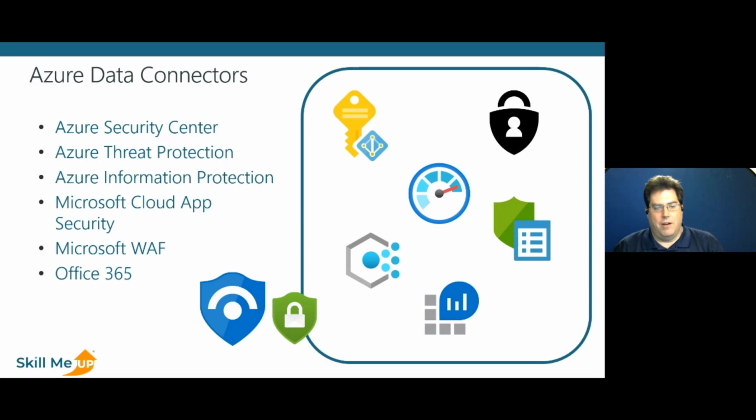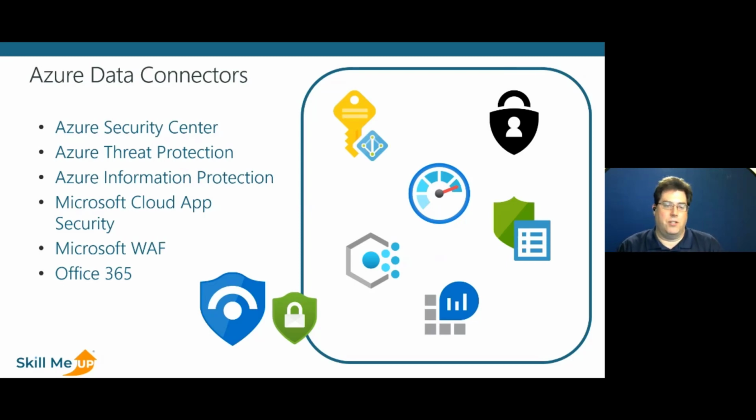As we saw in a lot of the diagrams, the way that Sentinel is set up is to gather information from multiple sources. And on this slide, you can see there are a lot of data connectors just within the Azure and Microsoft 365 ecosystem. We have Azure Security Center, as we've stated.